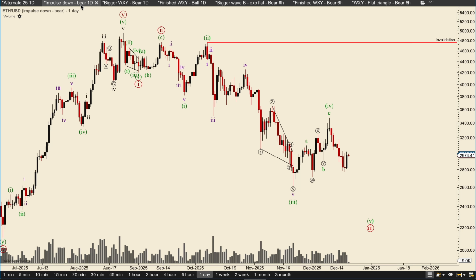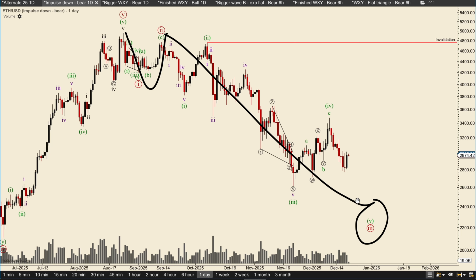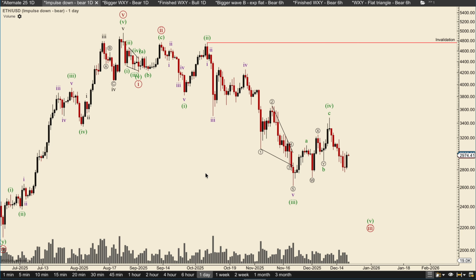That's it. If we take a look at this, the impulse down, the bearish one, 1, 2, and then looking for the wave 3 here. I mentioned in my other videos that this count breaks so many guidelines. It doesn't break any rules, but it breaks guidelines and proportions. I mean, look at this, 1, 2, 3, 4.